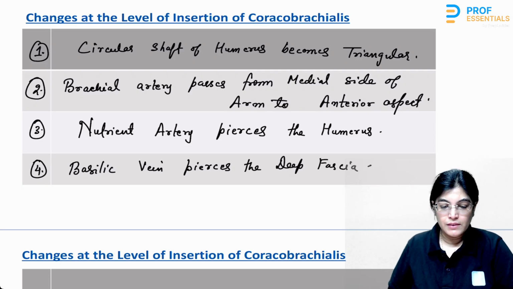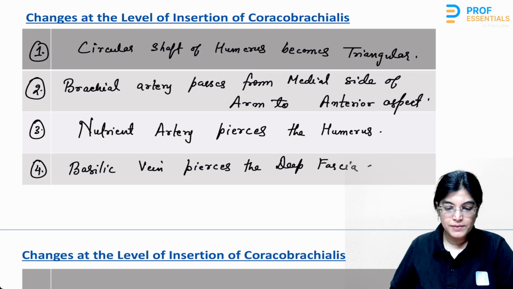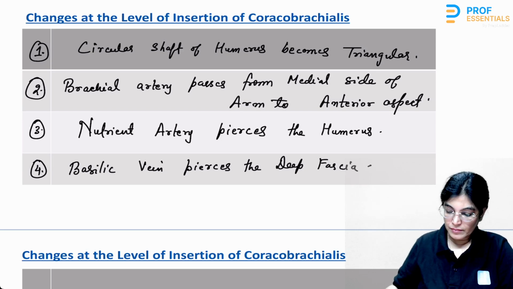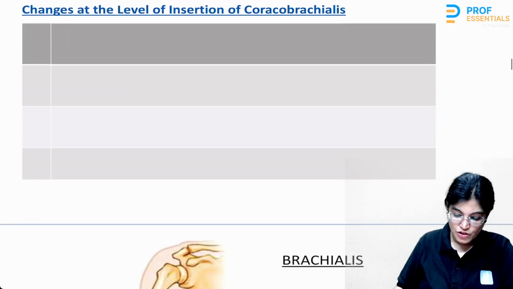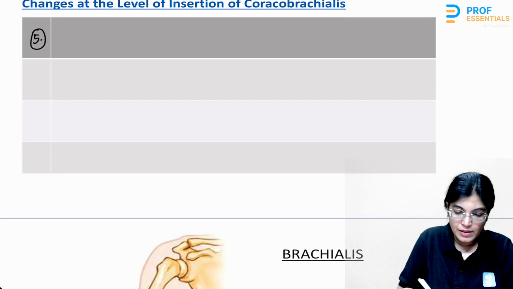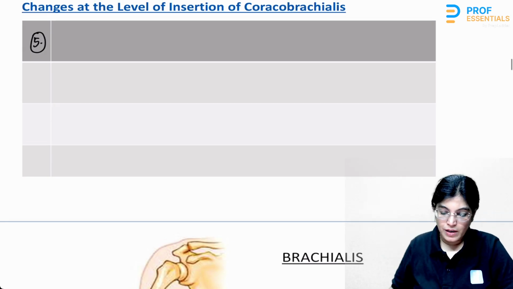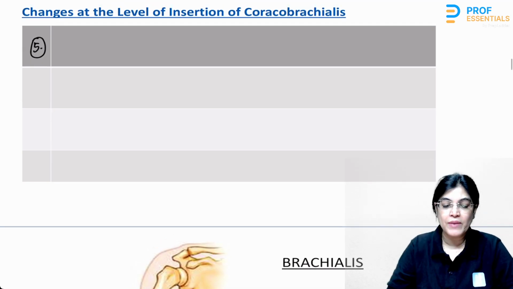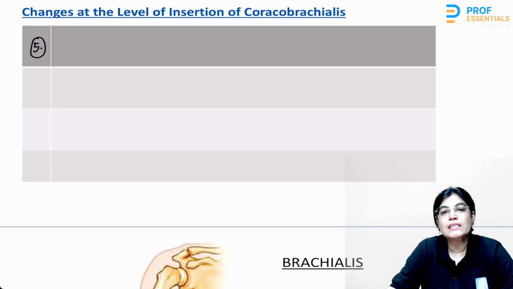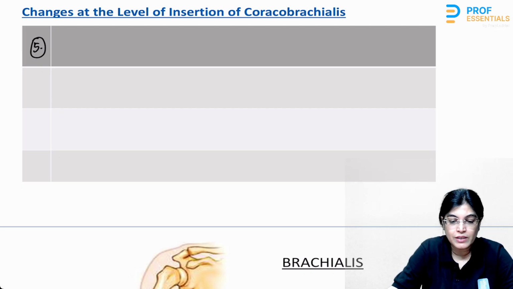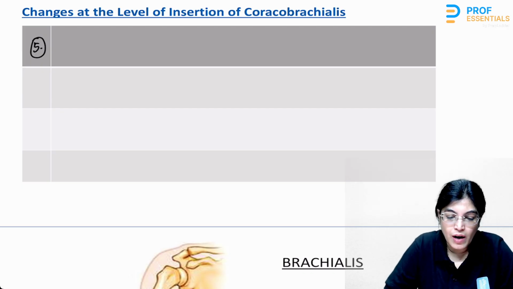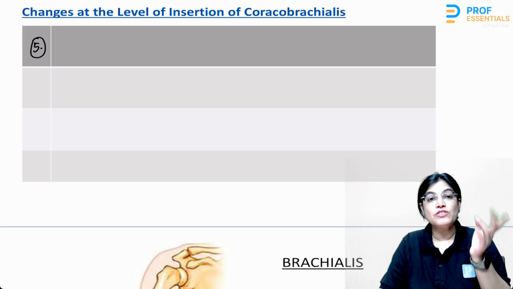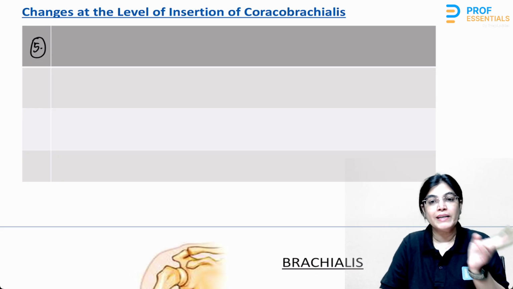Now, other important changes happen at this level. If I talk about another important point, the median nerve crosses in front of the brachial artery, and it changes its direction from lateral to medial side.